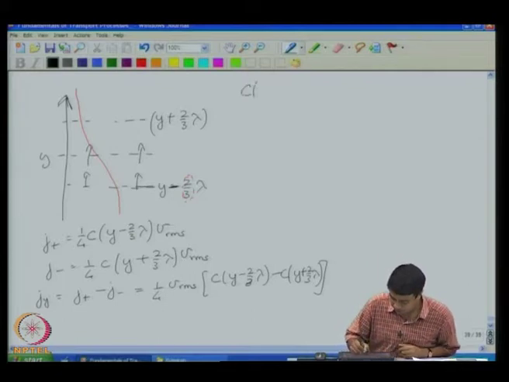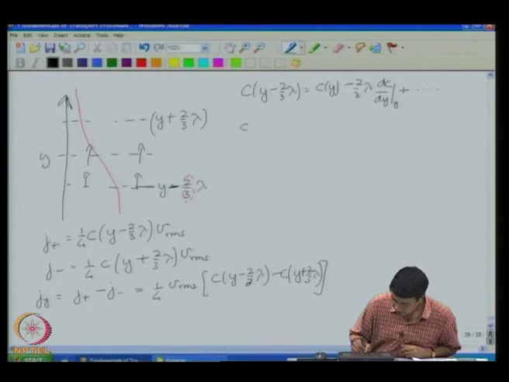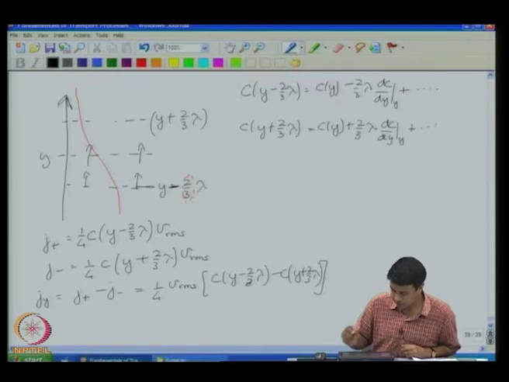C at y minus 2/3 lambda is equal to C at y minus 2/3 lambda into dc by dy at y, plus higher order terms. C at y plus 2/3 lambda is equal to C at y plus 2/3 lambda dc by dy at y plus other terms.